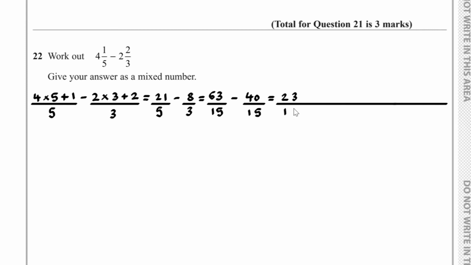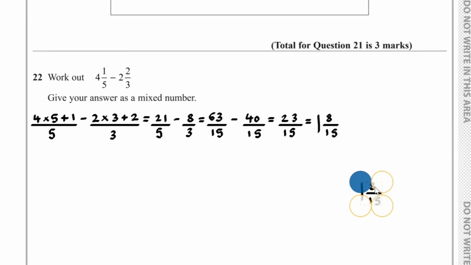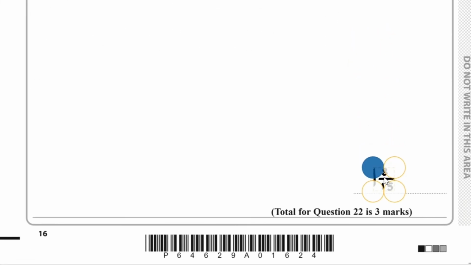So I've got 23 over 15. Now what we are doing over here is questioning how many times does 15 go into 23? Well, it goes in there 1 whole time, and what's left over is 8. So I've got 1 whole and 8/15, which is my final answer. And so what we end up with is 1 whole and 8/15.